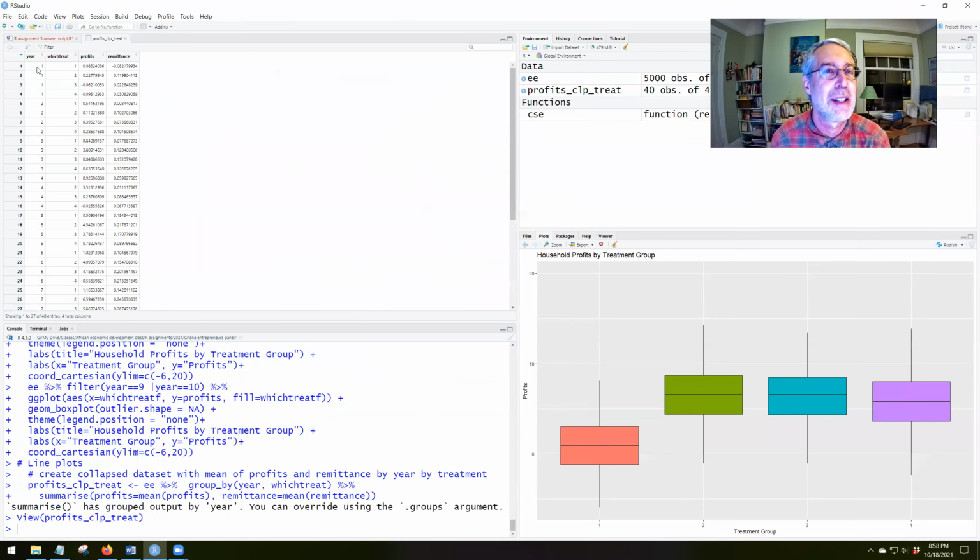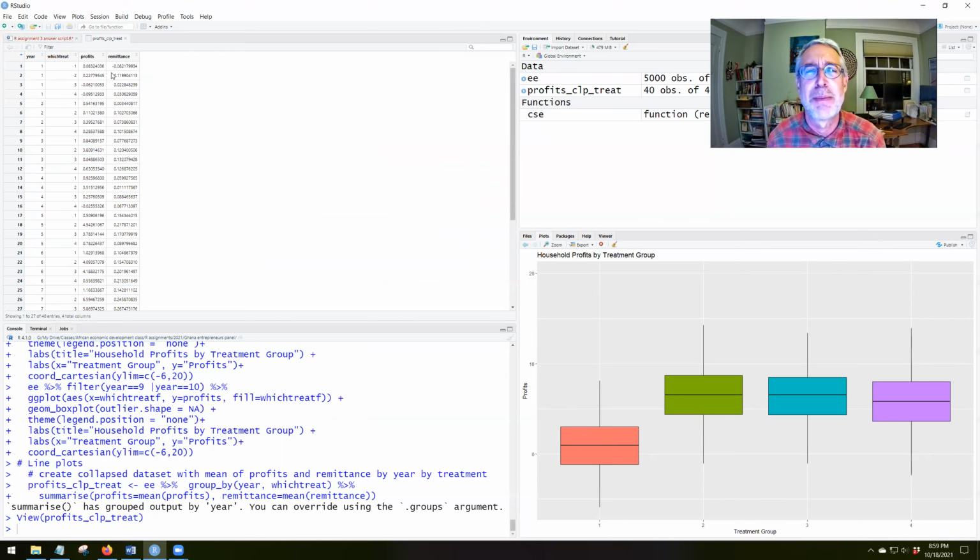And I look here and I see year 1, treatment group 1, year 1, treatment group 2, year 1, treatment group 3, year 1, treatment group 4, year 2, treatment group 1, year 2, treatment group 2, year 2, treatment group 3, right? And each one of these numbers is the average of the observations. Remember, there's 500 people divided into 4 groups, so 125.